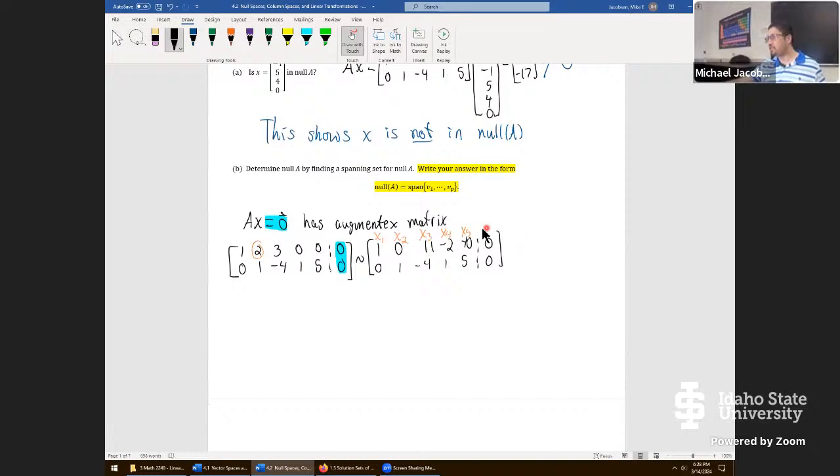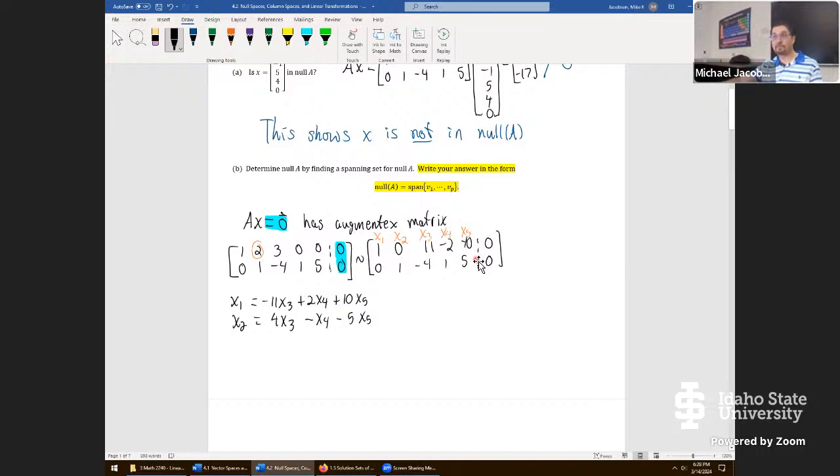Now, next step, you can think of this as an equation where X1 is going to be immediately solved. We'll subtract 11x3 from both sides, add 2x4 to both sides, add 10x5 to both sides. Then x2 will do the same thing. This is going to be equal to 4x3 minus x4 minus 5x5.